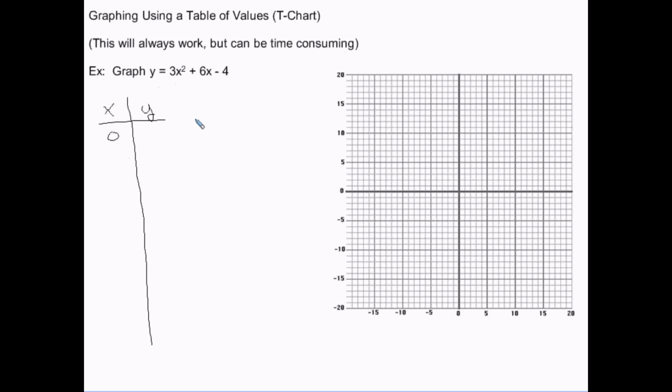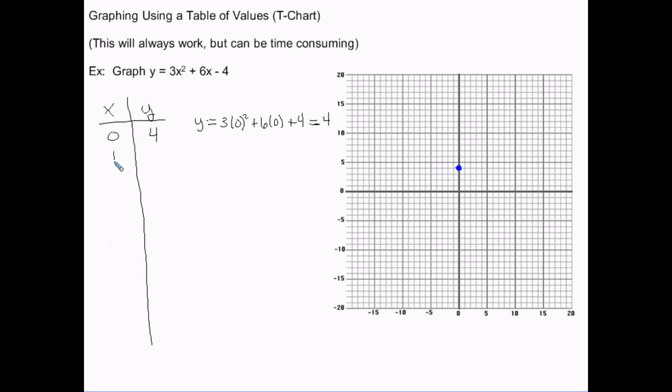If I plug in 0, I get y is equal to 3 times 0 squared plus 6 times 0 plus 4, which will just give me a 4 because the zeros cancel the terms out. So x is 0, y is 4. So I'm going to plot that. That's this point right here. I'm making them kind of large so you can see them.